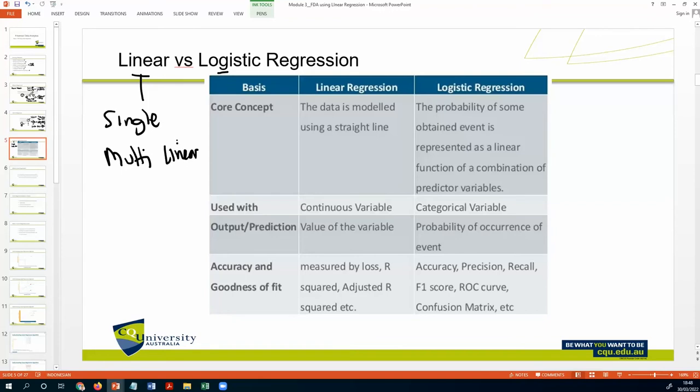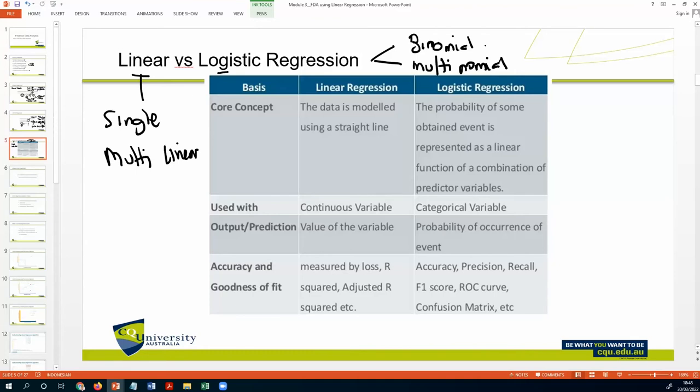In single, there is only one independent variable, but in multilinear, there are multiple independent variables. In logistic, there are also two kinds: binomial logistic regression and multinomial logistic regression. We are going to discuss logistic regression next week.